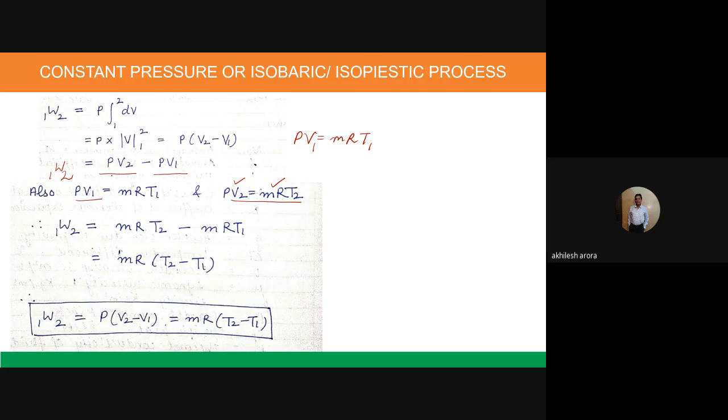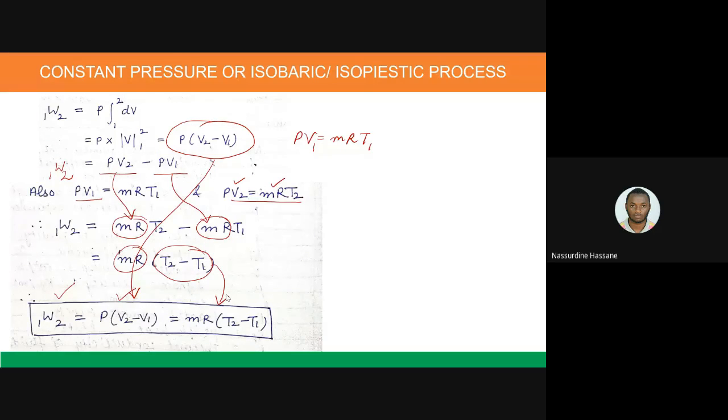So instead of PV2 I can put mRT2, and instead of PV1 I can put mRT1. mR being constant is common between both the terms, so this is taken out. We are left with T2 minus T1, and finally the expression for the work transfer in a constant pressure process is given by P(V2 minus V1). This is the equation which is written here, and then this equation mR(T2 minus T1) is written here. So you need to remember these equations actually. This is very important.